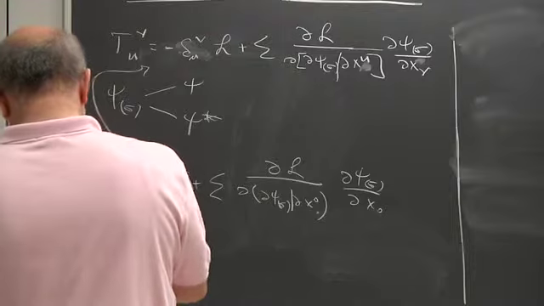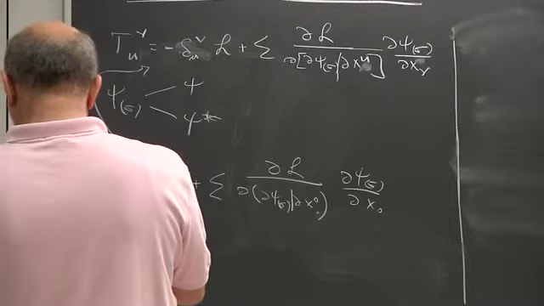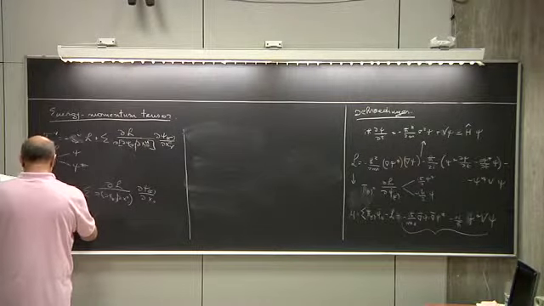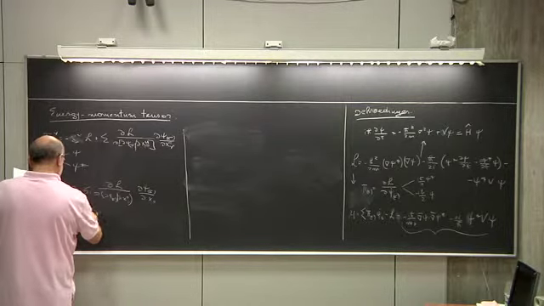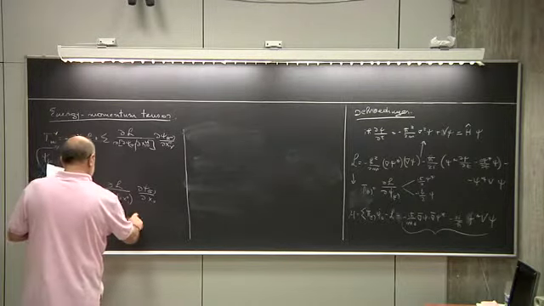Okay, now if you do this, you get the following expression: h bar squared over 2m0 gradient of psi star times gradient of psi plus psi star V psi.